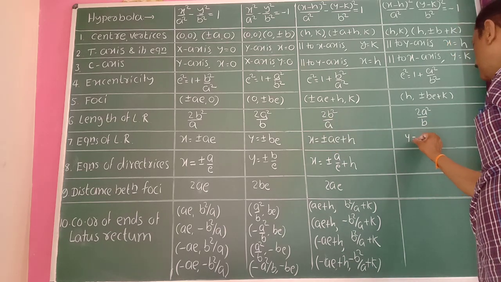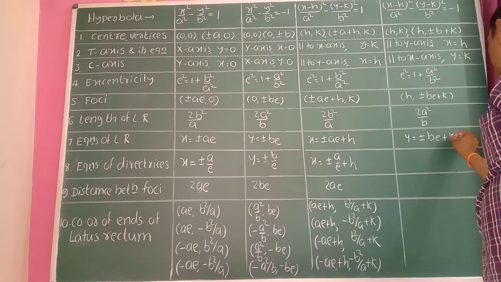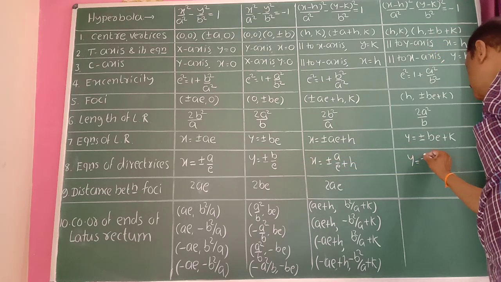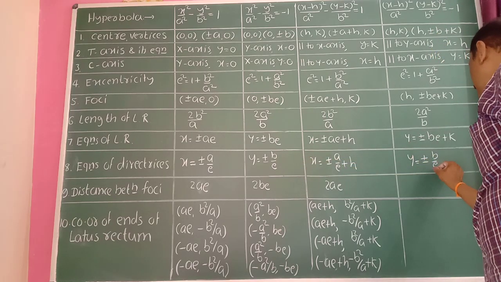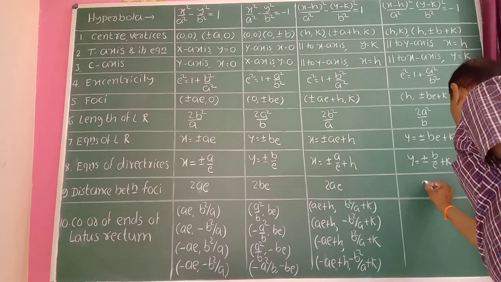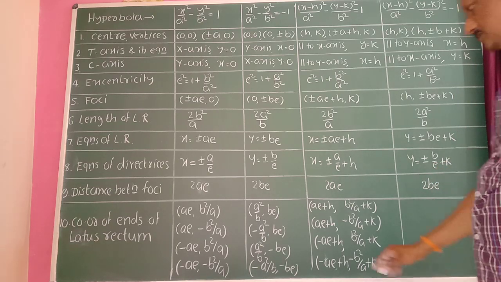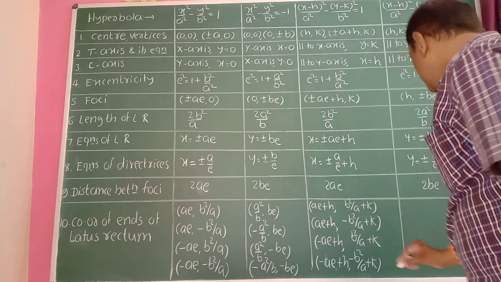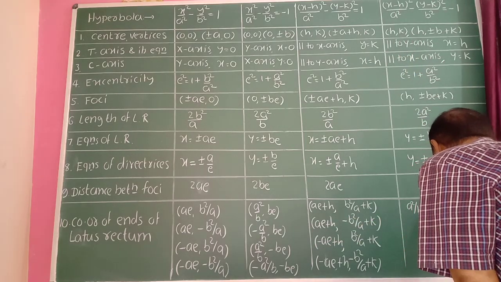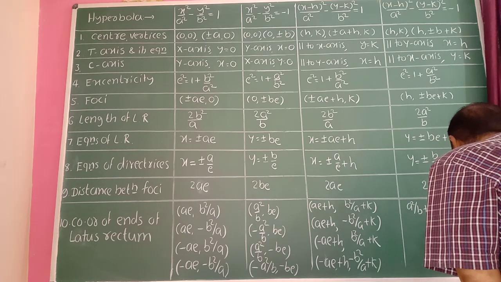The equations of the latus rectum are y is equal to plus or minus be plus k. Equations of directrices: y is equal to plus or minus b divided by e plus k, and the distance between the foci is 2be here. For the coordinates of the ends, add h and add k. So a squared upon b plus h comma b plus k, first quadrant.